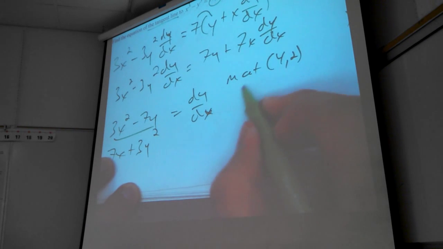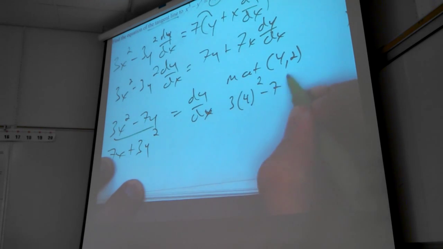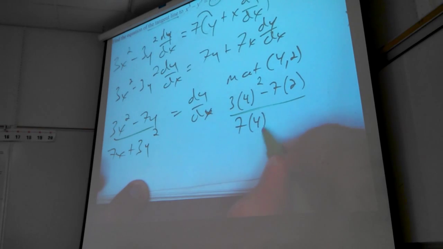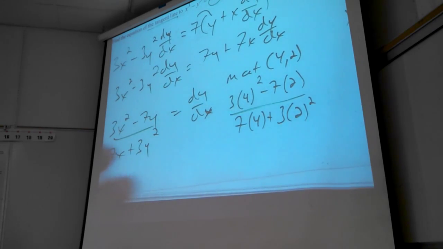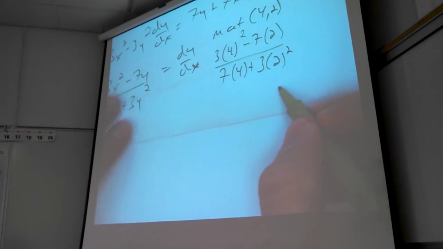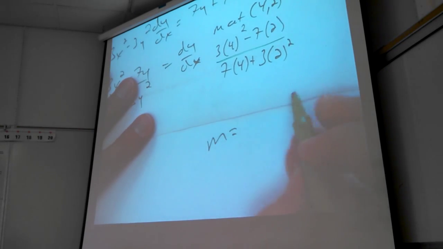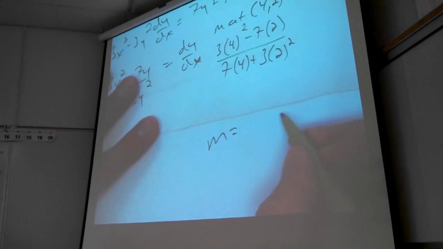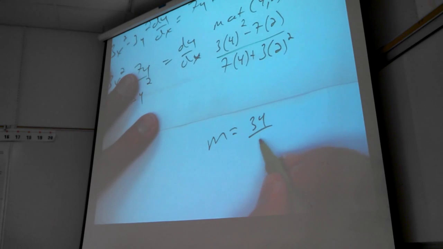All right, I think you guys said to plug in the point. So 3 times 16 minus 7 times 2 over 7 times 4 plus 3 times 2 squared. So the slope I get would be 48 minus 14, so 34 over 40.